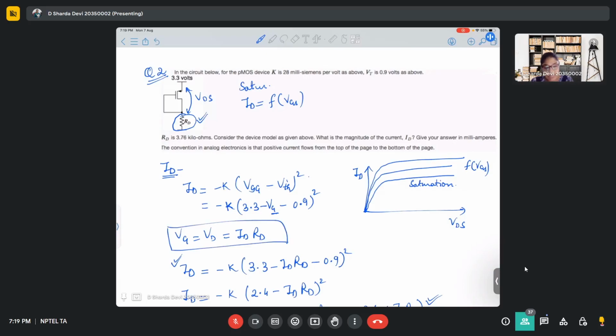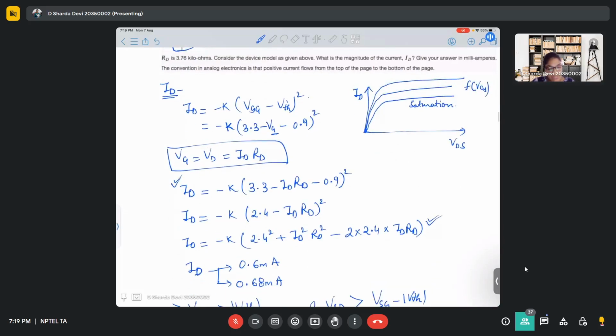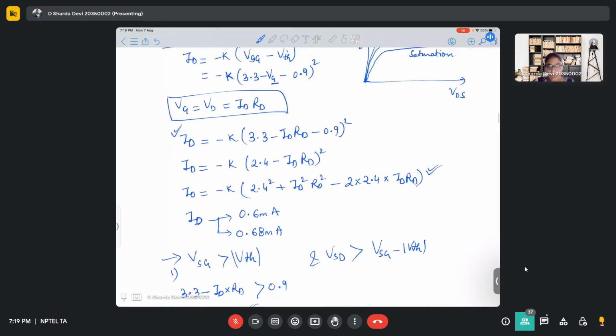This is source, gate, and drain. VD is ID into RD. So in place of VG, we substituted ID into RD, and a quadratic equation is formed. We have to solve that quadratic equation.